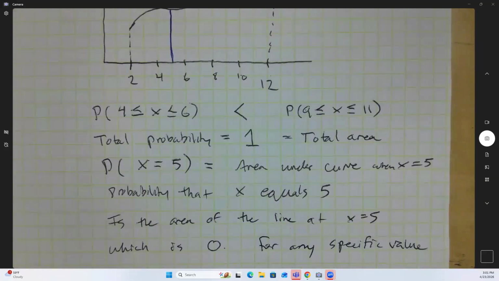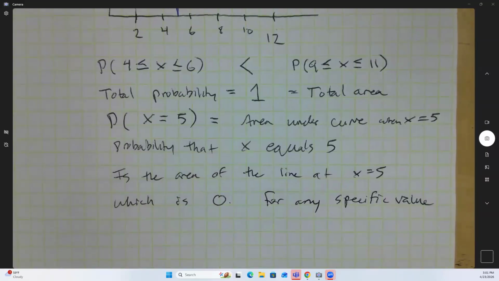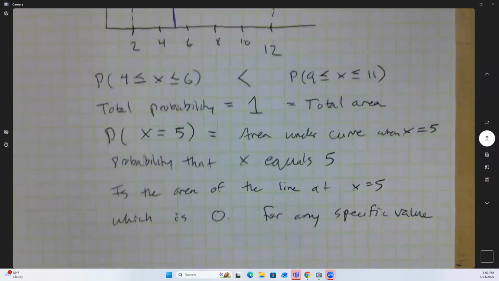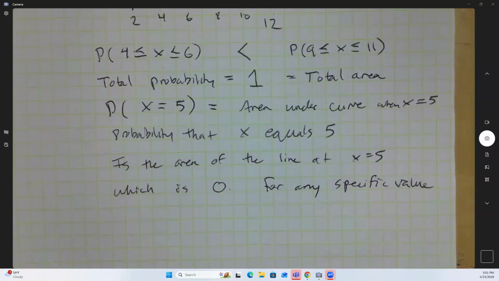What's the probability that x equals exactly 6? The same, so 0. What's the probability that x equals exactly 9? Exactly 10.3? 0. So the weird thing about a continuous probability distribution is that the probability of any specific value is actually 0.